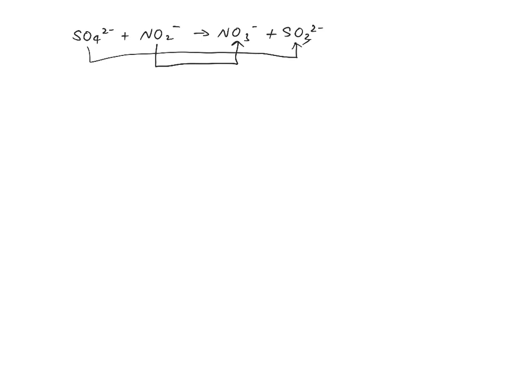Okay, what is the electron loss and gain during this reaction? Once you label everybody, it should be pretty clear. Sulfur, we just talked about it, is +6. Oxygen is -2. Now, sulfur here is +4. If you go back to the last page, you would see that. And oxygen, of course, in compound is always -2. Now, nitrogen. Okay, what kind of oxidation state nitrogen has in this nitrite ion?